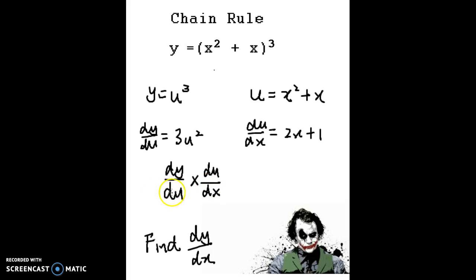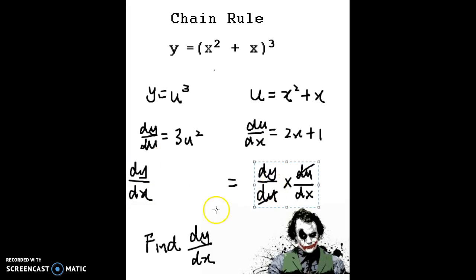You can see with normal multiplication, du will be cancelled to get dy over dx. So dy/dx is equal to these two things multiplied together. I'll put dy/dx in front and then these fractions at the back.